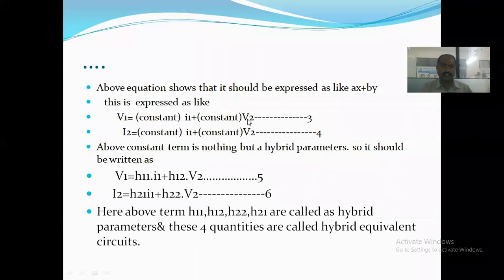And for the voltage, it is H12. So V1 is equal to H11 I1 plus H12 V2, right?